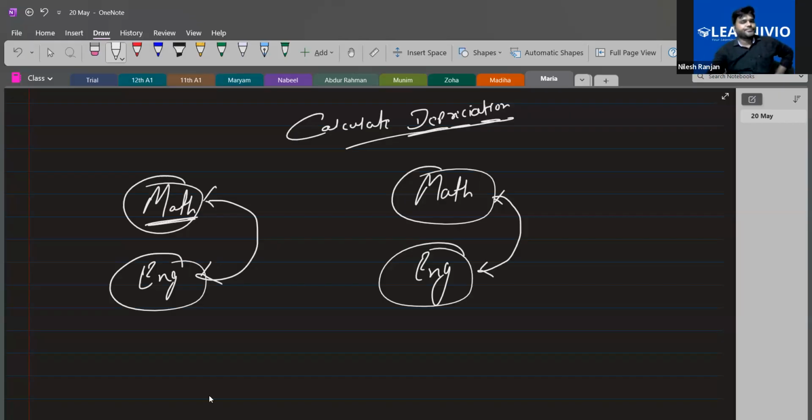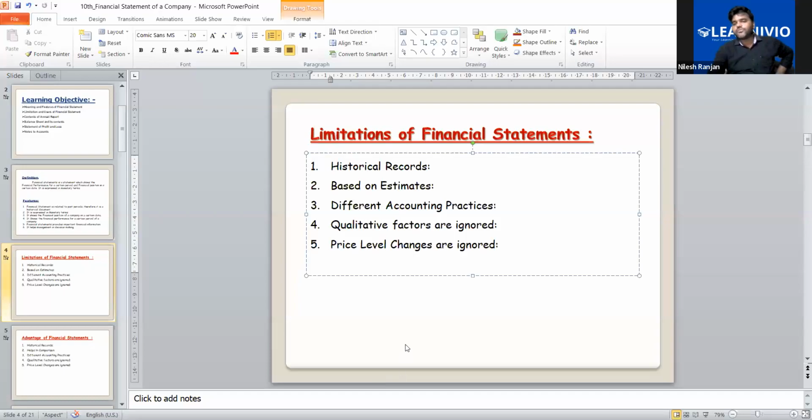Is that clear? Yes. So that's why for comparison purposes, we need the same practice or a common factor. If there are different accounting practices, then it is very difficult to compare the data. Is that clear?